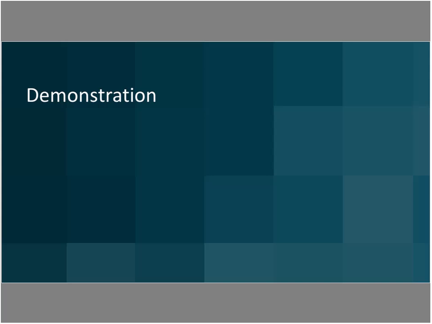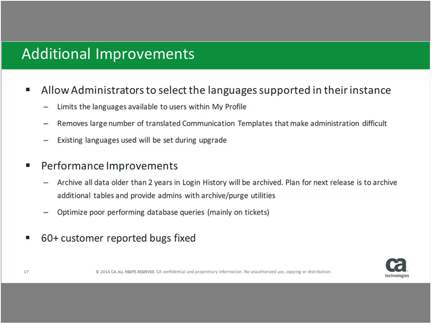Okay. So there's a couple other things that we have additional improvements on that are not things you can really demonstrate. I did mention before the ability for an admin to select the different languages in their system. We got a lot of feedback from customers that we load all the possible languages. We support 11 languages in the system, including things like Italian and Russian and lots of other ones.